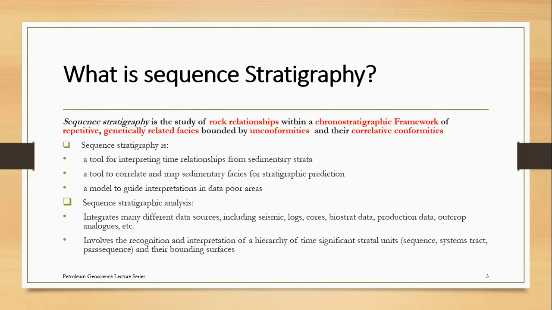And then it's also a model to guide interpretations in data-poor areas. If I don't have data in a particular area or the data is poor, because I expect my sequence stratigraphy to be predictive, to repeat, to be genetically related, I can actually extend my interpretations across those poor data areas.